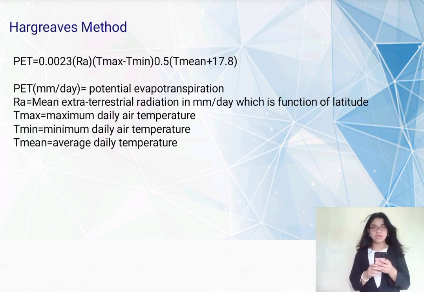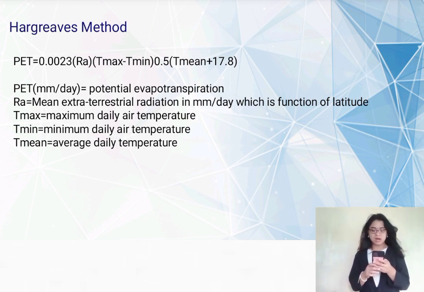For solar radiation estimate, it indirectly estimates solar radiation based on temperature differences, assuming that larger temperature differences typically indicate more solar radiation. For the formula base, the method uses a formula that combines these temperature values to estimate evapotranspiration.